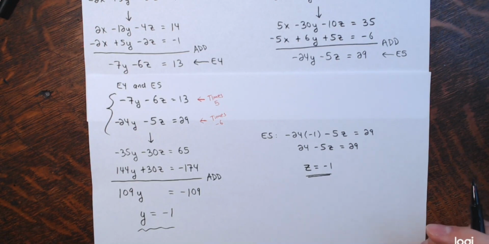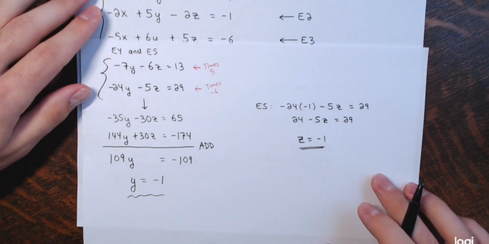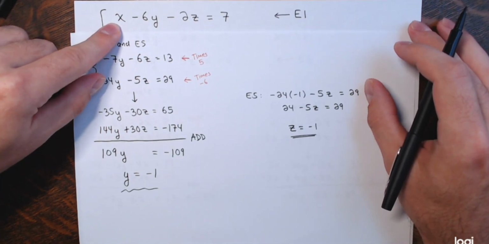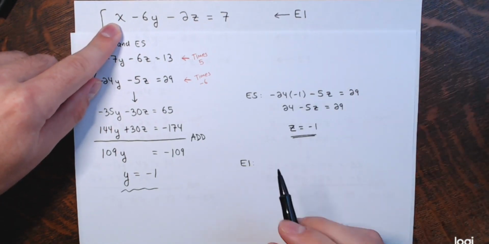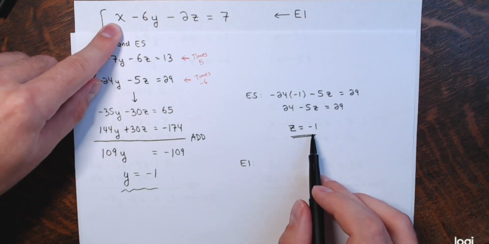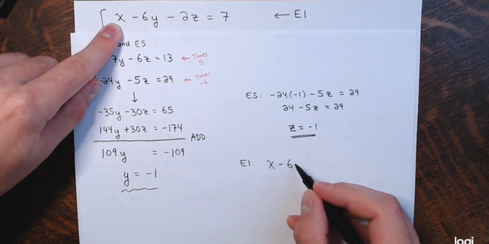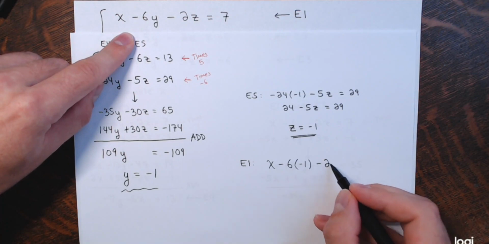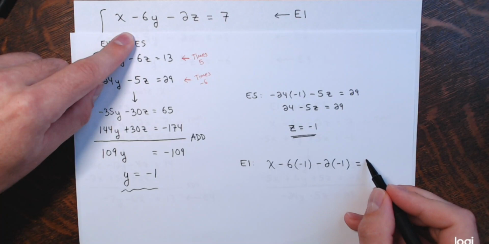I need to find the x value of the solution. So we go back. I'm just going to go all the way back to equation 1 because it has 1x. That'd be easy to solve for x. So I go back to equation 1, and I'm going to substitute negative 1 for y and negative 1 for z and solve for x. So we have x minus 6 times the y, which is negative 1, minus 2 times the z, which we have found is negative 1 as well, and this is equal to 7.